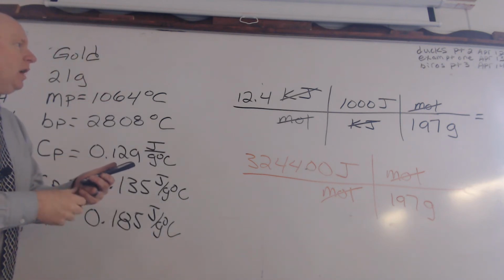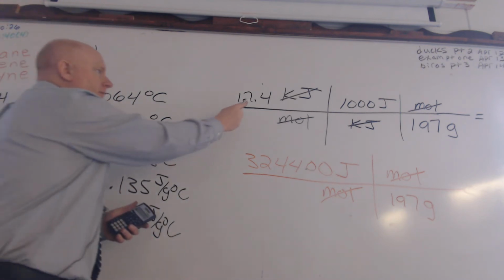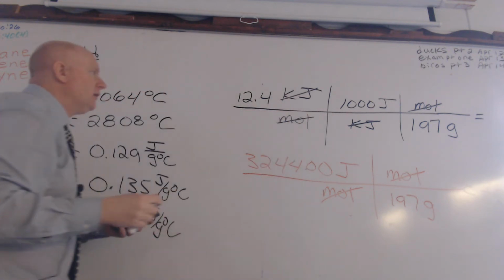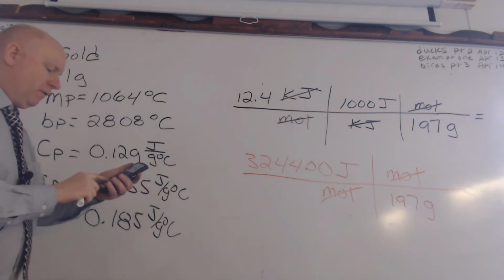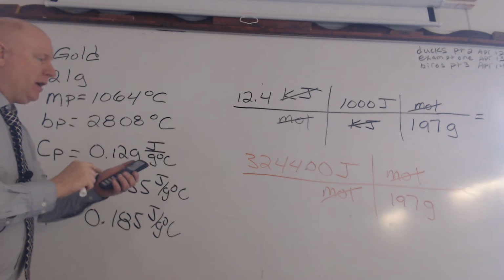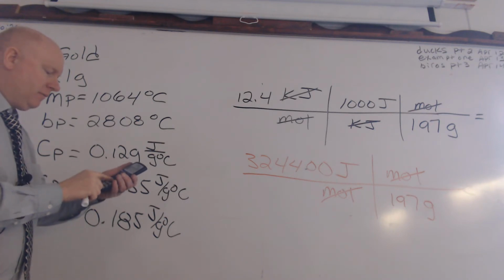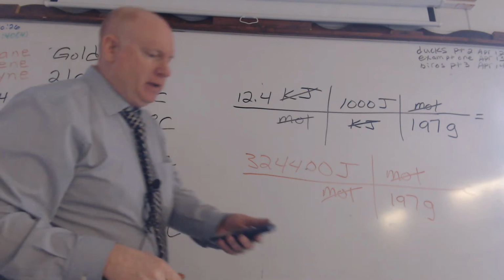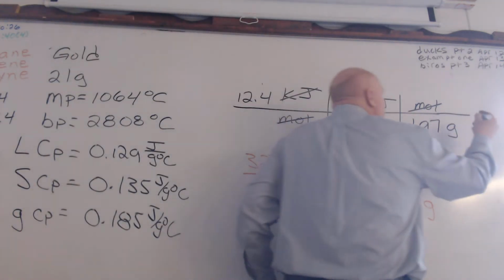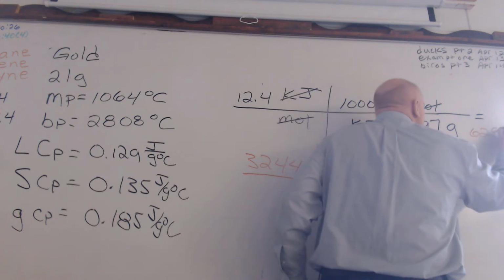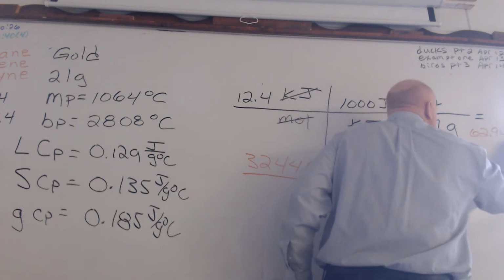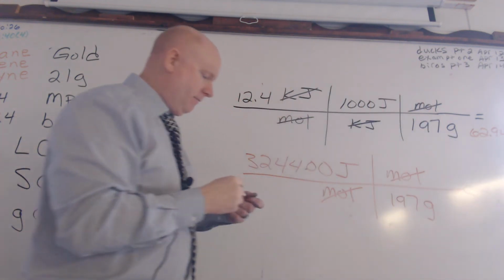So 12,400. We're just taking them 2 times each other. So 12,400 divided by 197. 62.94. 62.94 joules per gram. Okay.